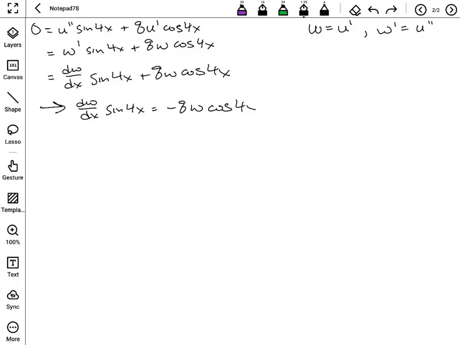So I'm going to be trying to move all the w's to one side and x's to the other. So I'll be left with dw over w is equal to minus 8 times cosine 4x divided by sine 4x dx. And then I'm going to have to integrate both sides.